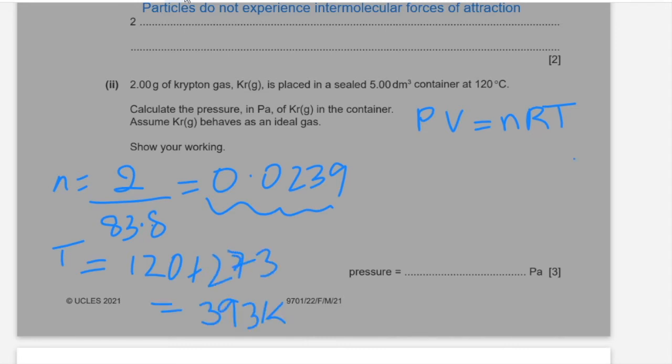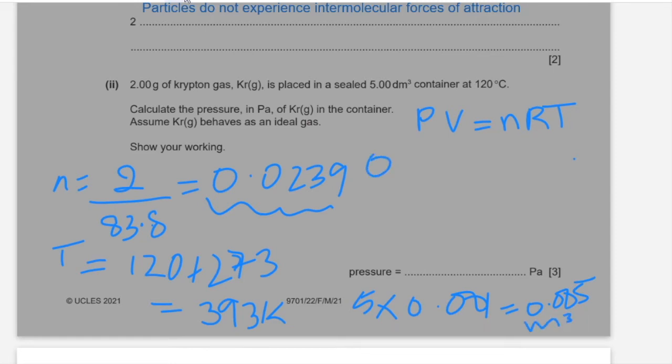You also need to convert the volume 5 dm cube or 5 liters to meters cube. 1 meter cube is equal to 1000 liters or 1000 dm cube. 5 dm cube would be 5 times 0.001, so that would be 0.005 meter cubed.